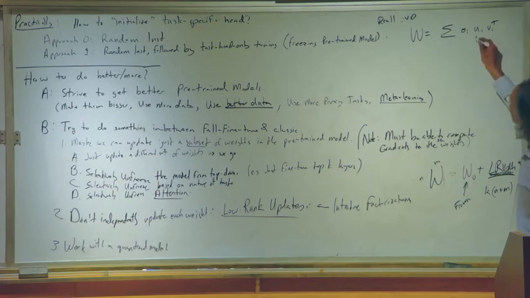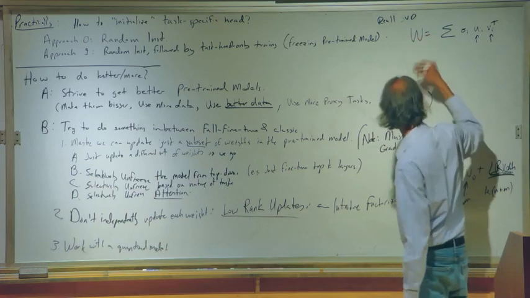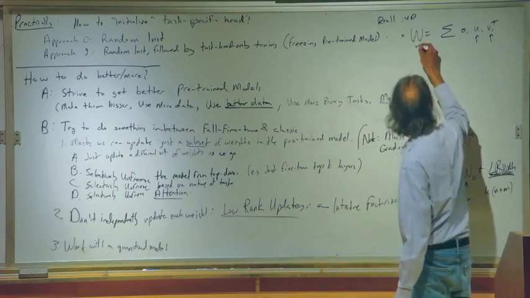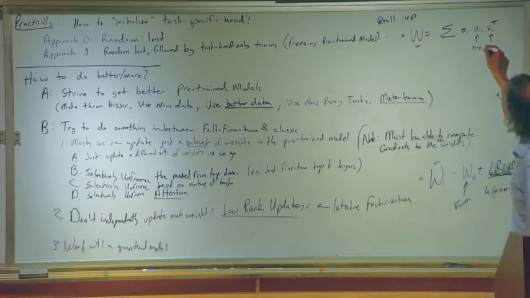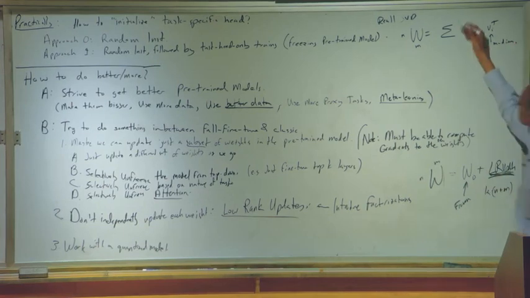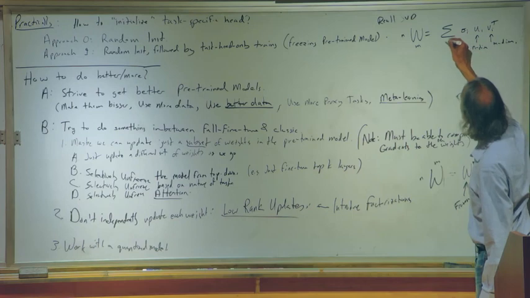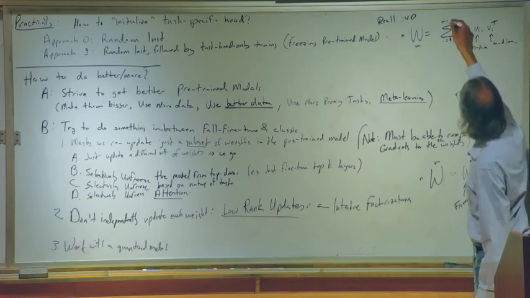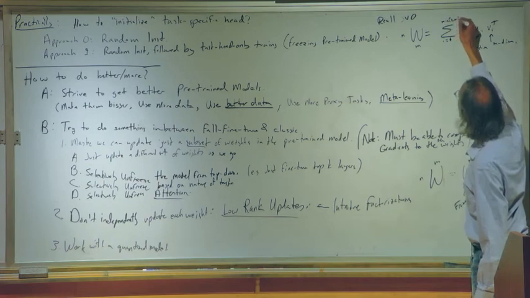So these are vectors. If this is n and this is m, this is an n-dimensional vector, and this is an m-dimensional vector. And how many terms are there in the sum? Well, it goes from 1 to min(n, m).